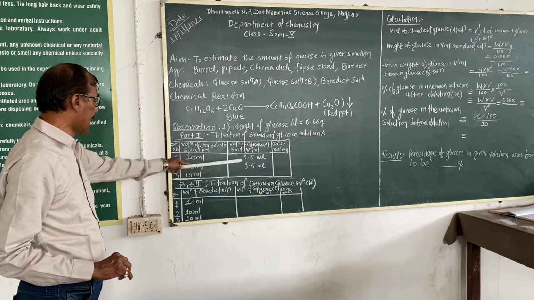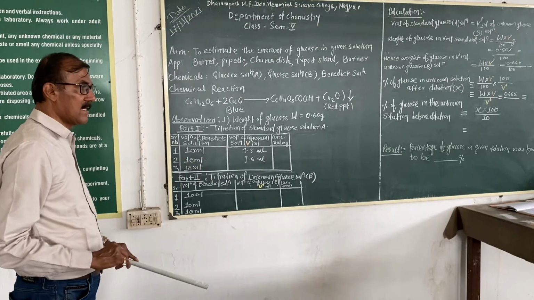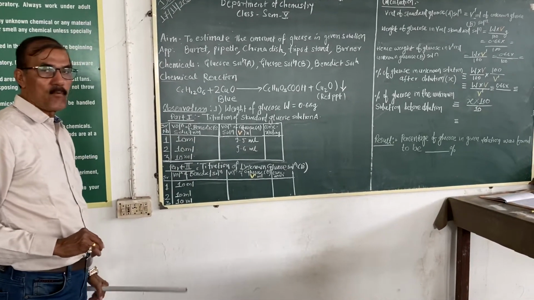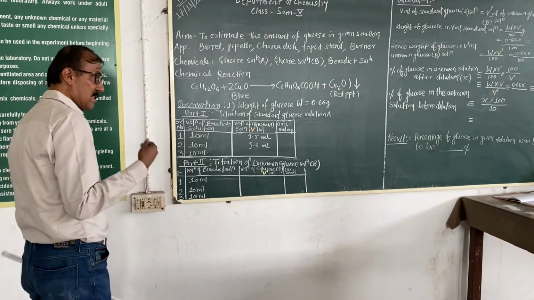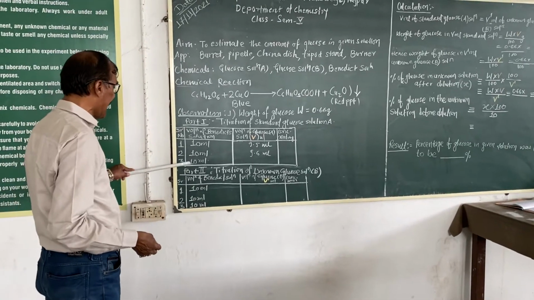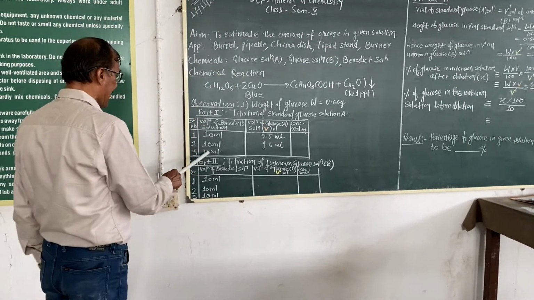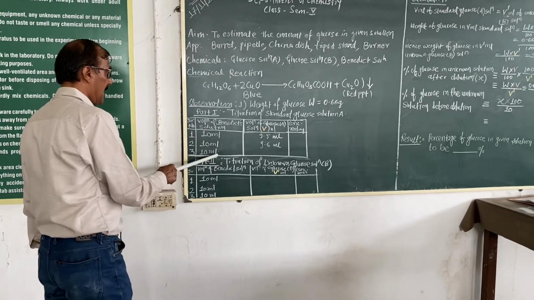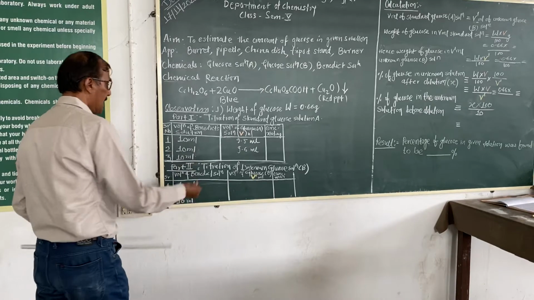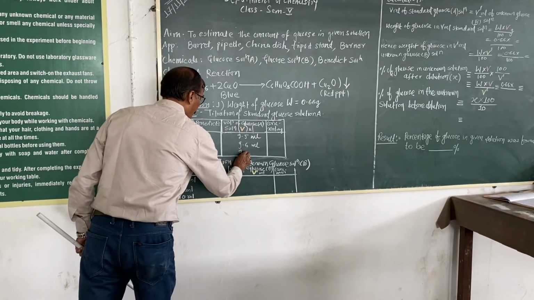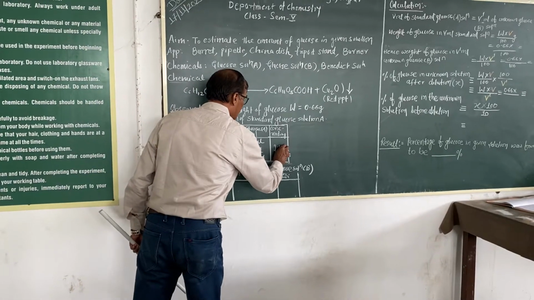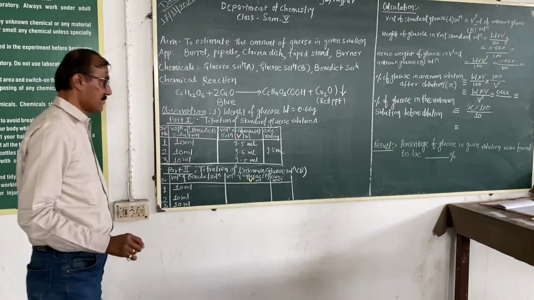After taking the second reading, if both readings are not the same, then we have to perform the third titration by taking 10 ml Benedict solution in a china dish, boil the content and again run the glucose solution from the burette, and let it be about 9.5 ml. So this 9.5 is your final reading.